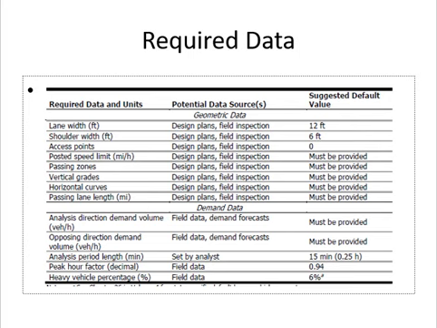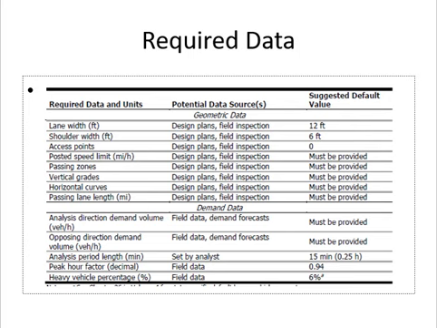In some cases there cannot be a default value. For example, vertical gradient or horizontal curve. It has to be a real value. Same thing here as well. You cannot have a default value for the volume. It has to be a real value. So these are the things which you need to know in order to do the analysis. In the second column they have written where you can get it.